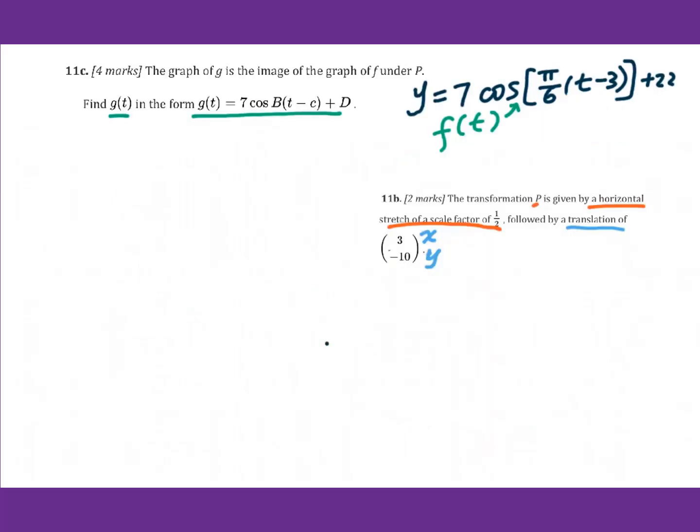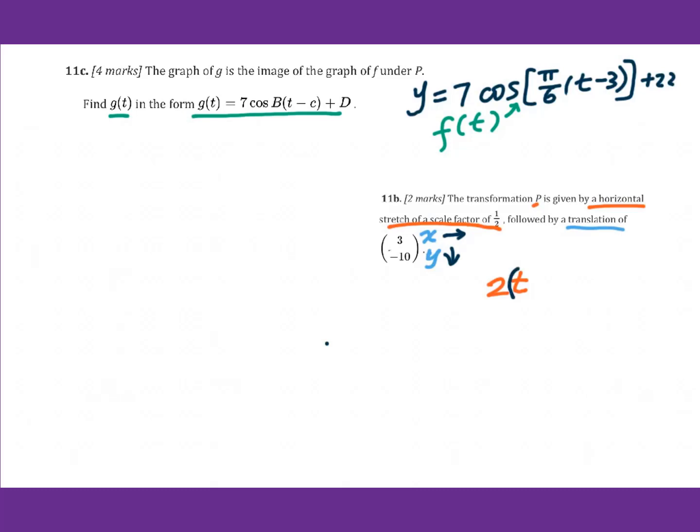Therefore, for horizontally stretch a scale factor of 1 over 2, it will be 2 times t. For vector transformation, positive x, that means move to the right. This will be going down.